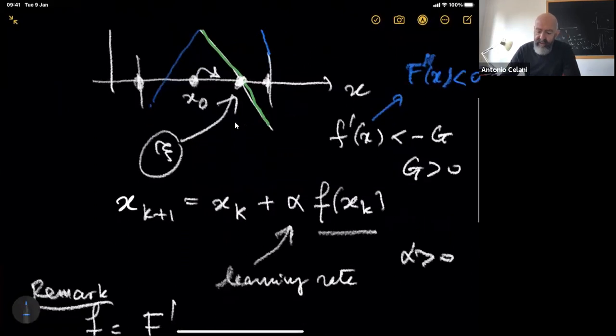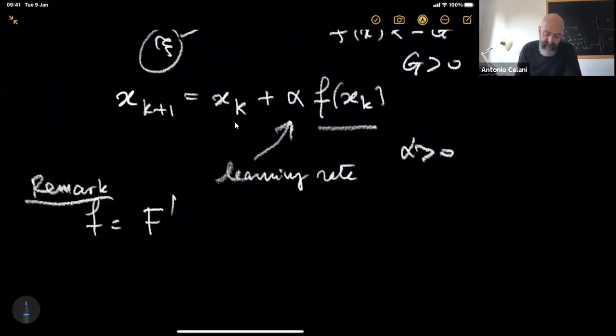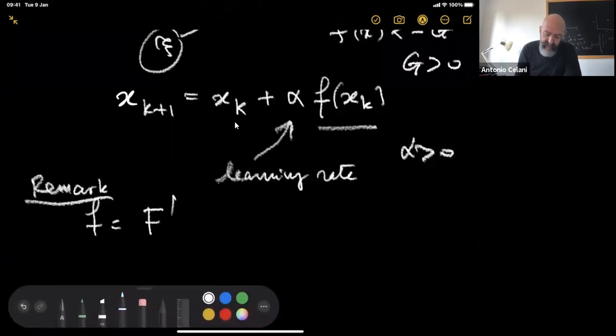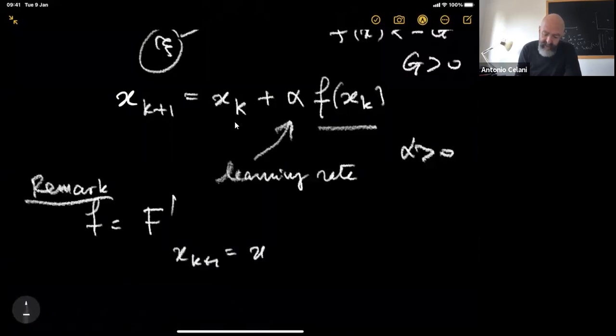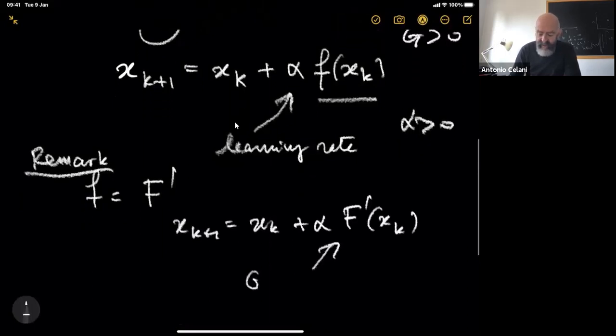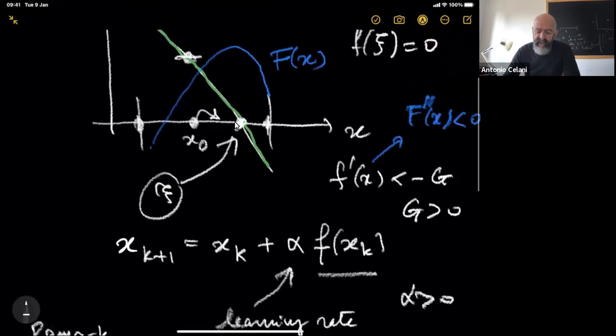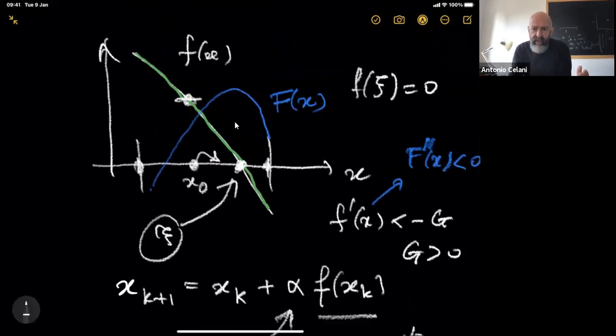So for my capital F function, the algorithm becomes xk plus 1 equals xk plus alpha F prime in xk. But this is gradient descent, gradient ascent, sorry, because we're looking for the maximum. Okay, so this problem of finding a zero is just a broader perspective on gradient ascent, if you wish.